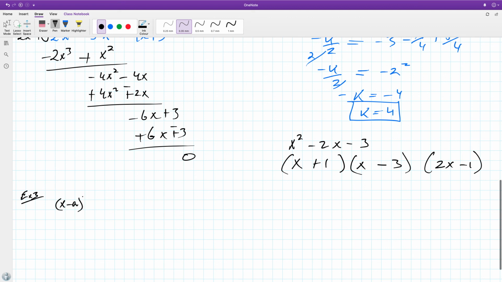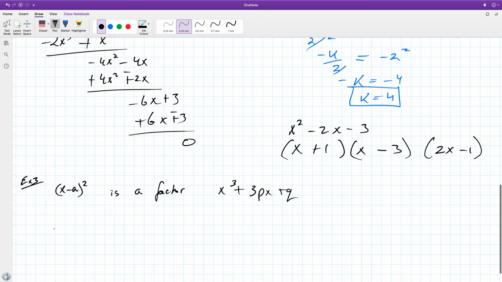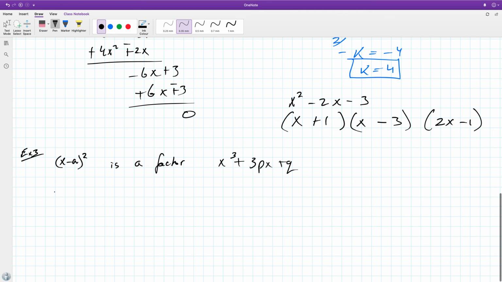x minus a, squared, is a factor of x cubed plus 3px plus q. Right, first things first, as I said, square that out. That's x squared, twice the first by the second is minus 2ax, the square of the last is a squared.